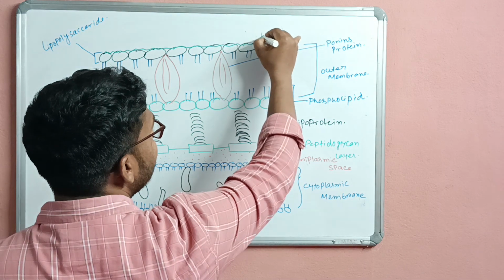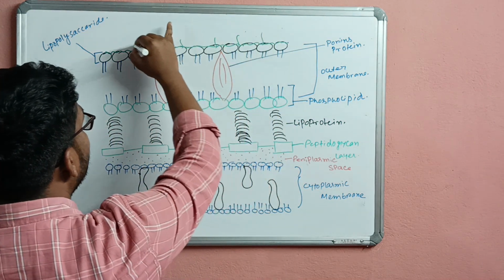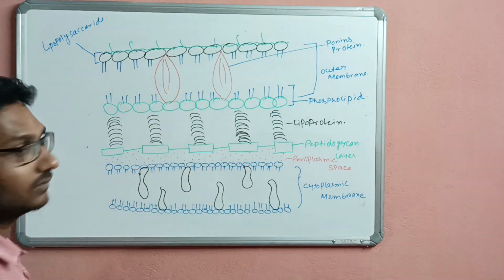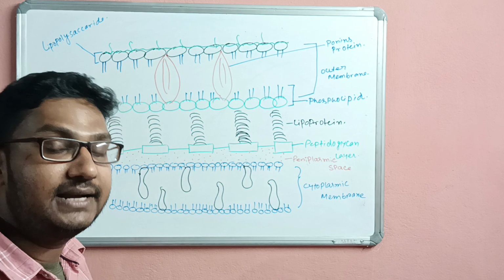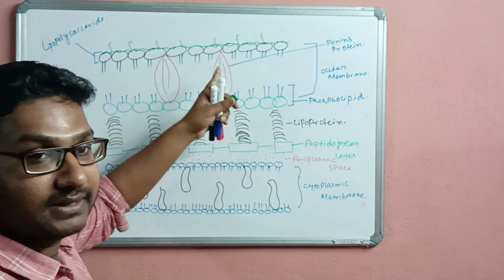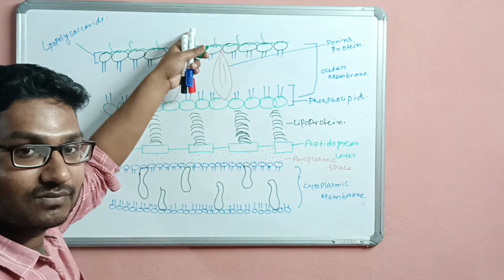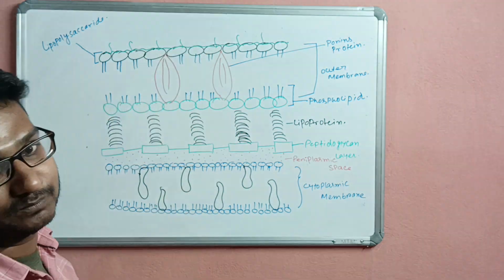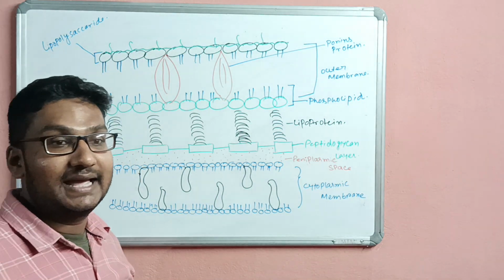O polysaccharide is present outside the lipopolysaccharide layer. What is the function? It is also called O antigen. Why?